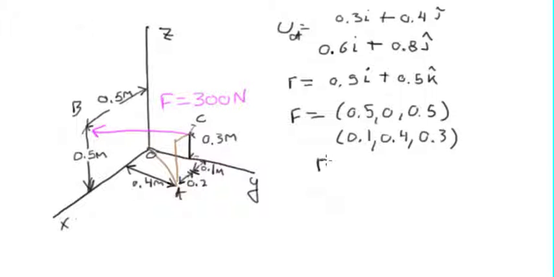So your force direction is going to be head minus tail. 0.5 minus 0.1 is 0.4. And then here you're going to get minus 0.4 and 0.2. Now you need to turn this into a unit vector.